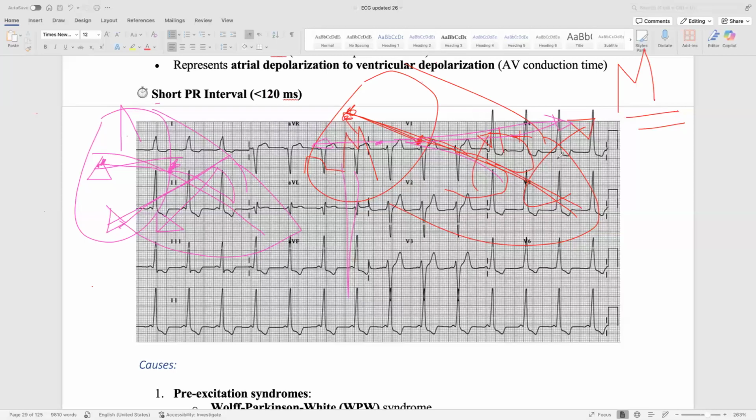Why? Because there is no time between atrial depolarization and ventricular depolarization, because the AV node delays the electricity. The AV node delay gives time for the atrium to contract so the ventricle can fill, accounting for this delay.